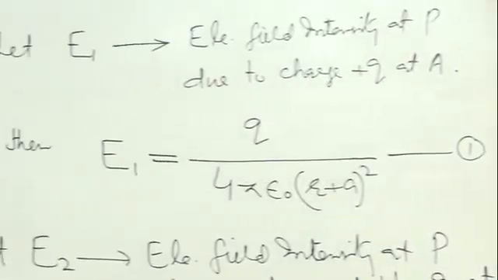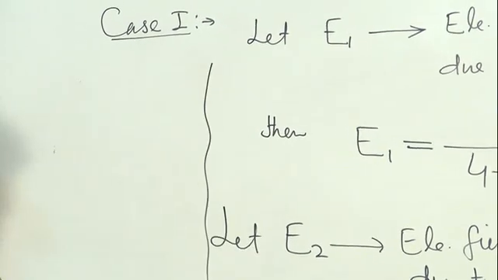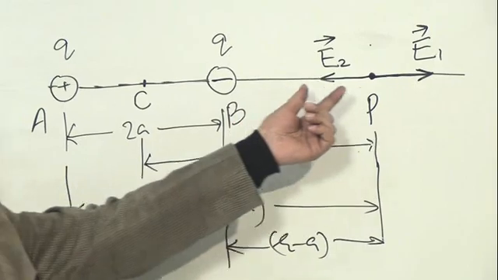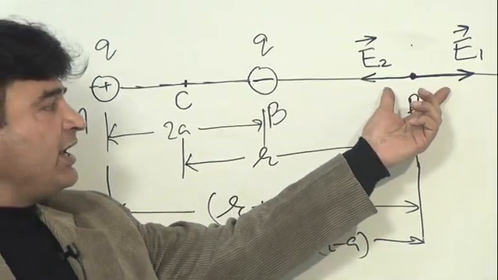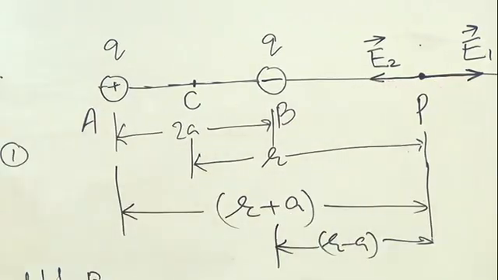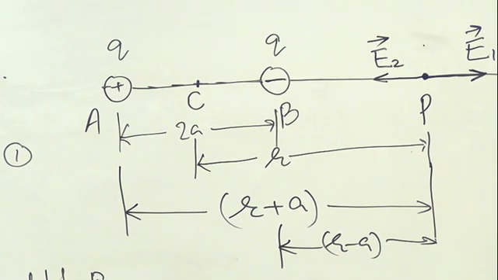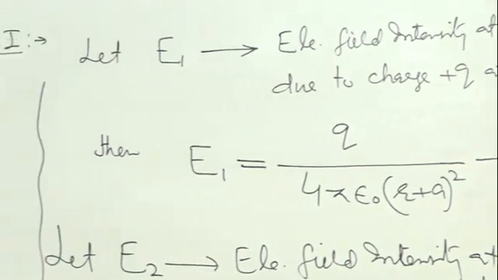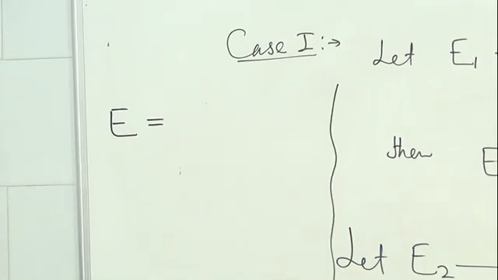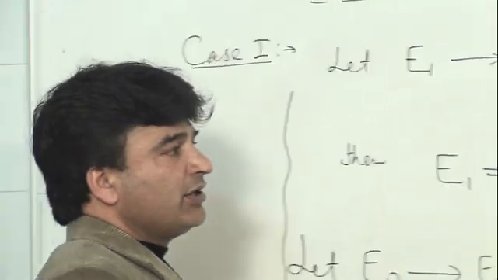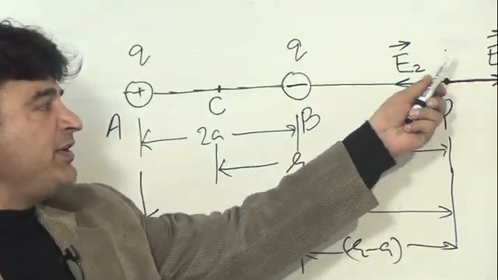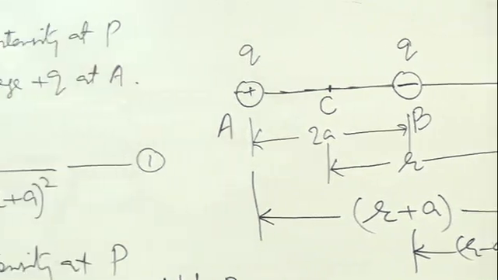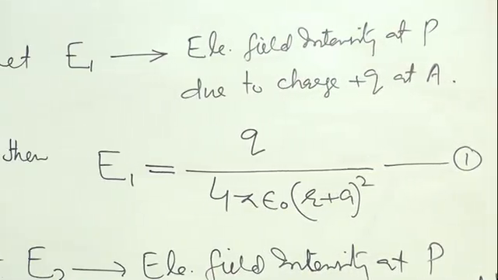Now, from the diagram, we have seen the two electric fields are acting in opposite directions. Therefore, from vector algebra, the net electric field E at P will be equal to the difference between these two electric fields, that is, the difference between E1 and E2.